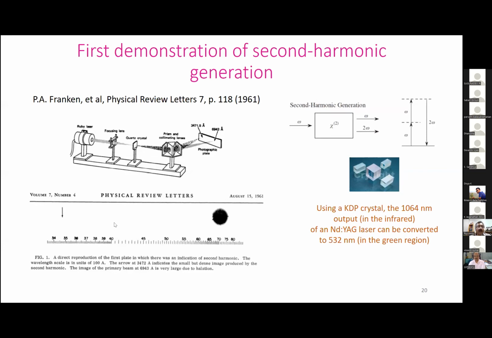So something interesting to note here. This is the original PRL paper in which the second harmonic was reported for the first time. But if you look carefully, you'll see that the fundamental is clearly shown, but there is nothing in the second harmonic. What happened was, those were the days when papers were not published digitally, 1961.